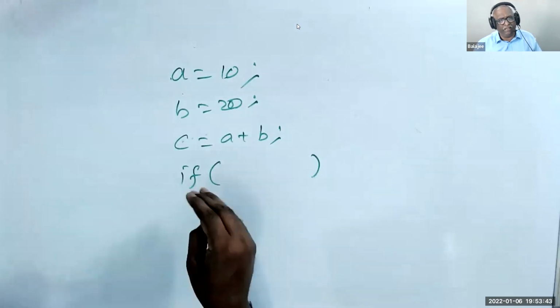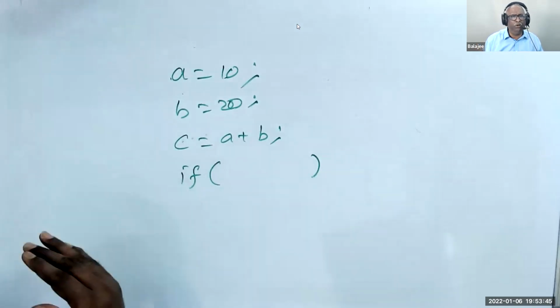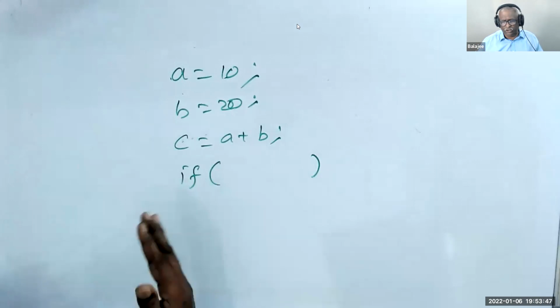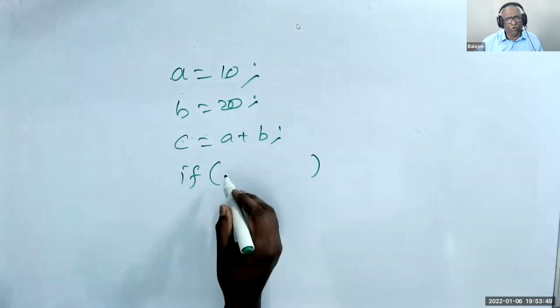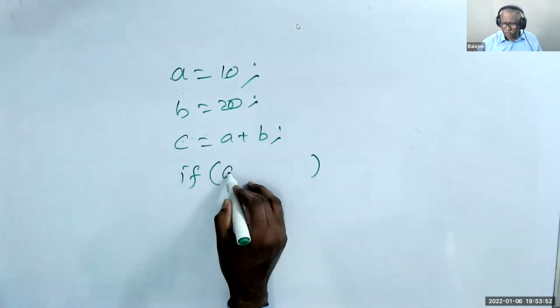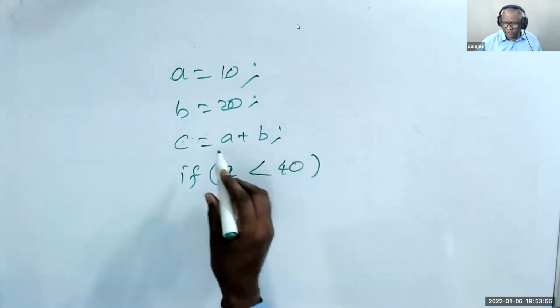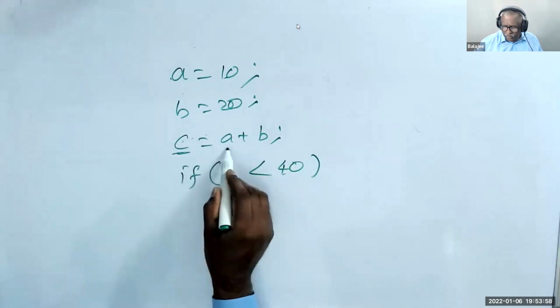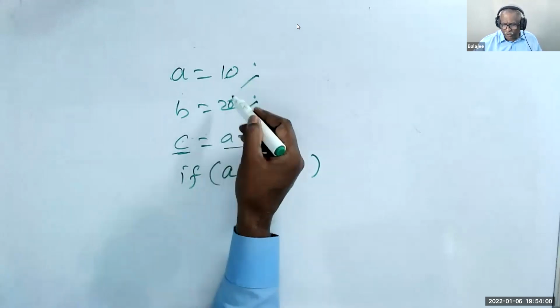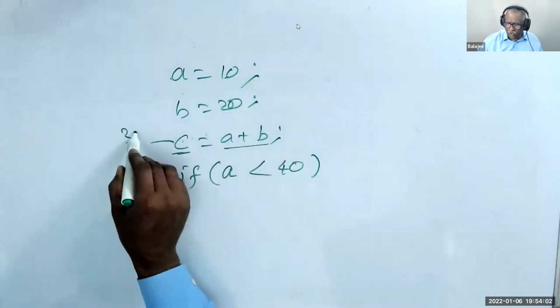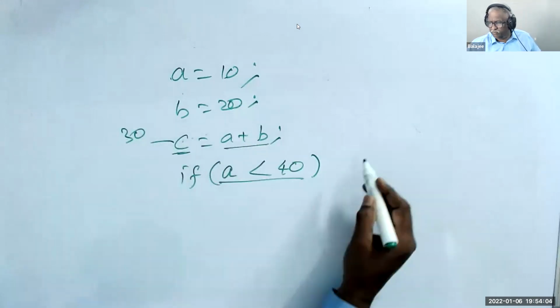We'll discuss more in depth later. I'm discussing this so that you can use some programming if you try this weekend. So if A less than 40, that means you are checking. Now you added 10 and 20, you got 30. You are checking. There are types of checking.